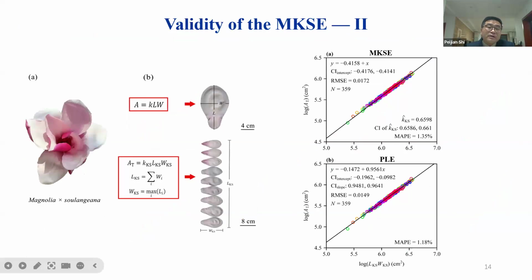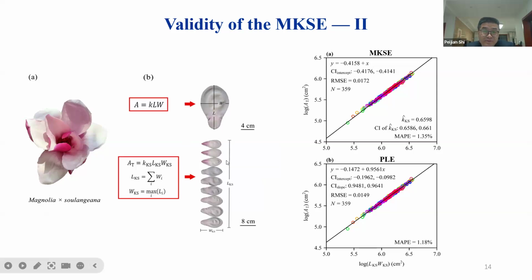To test the generality of the MKSE, we use Magnolia species, which is a tree. We use more than 300 flowers to calculate the total area, and we use the same way to calculate LKS and WKS.